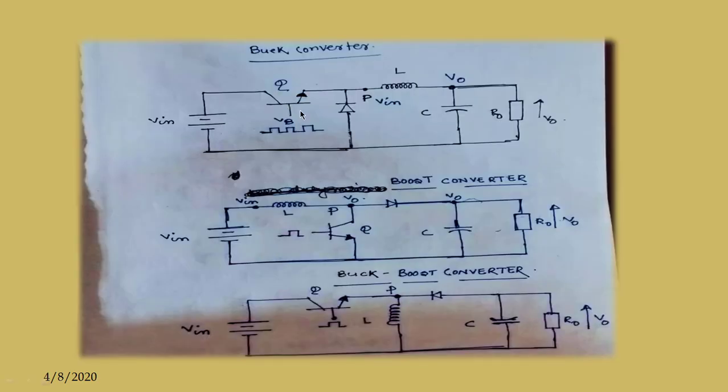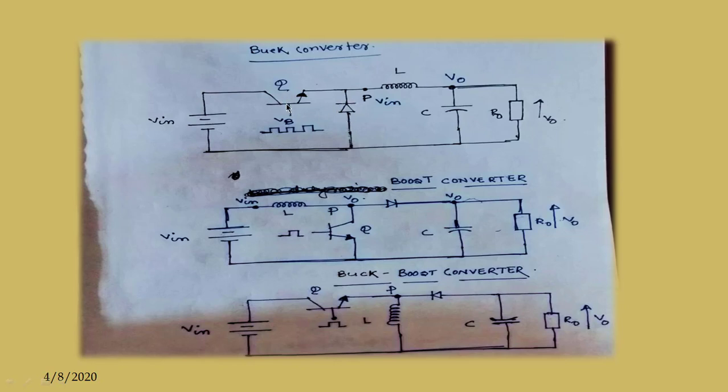When Q is on, this transistor is on because a high base pulse is given to it, and the diode is in reverse biased.